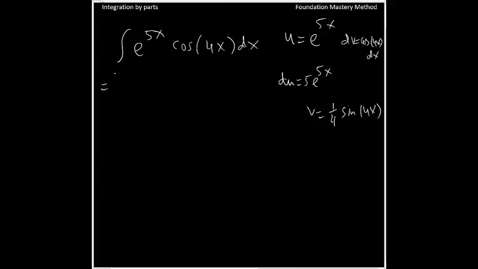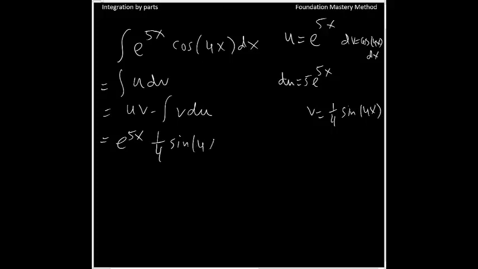So then this looks like u dv, so uv minus integral v du. Our u is e to the 5x, v is 1/4 sine 4x.